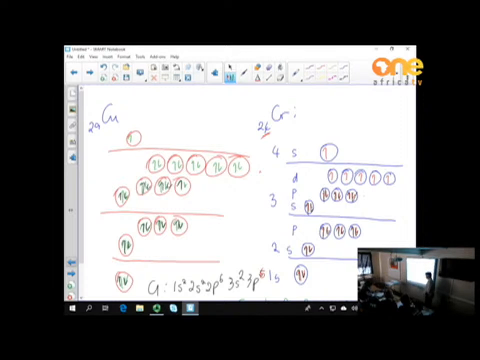Why does argon not want to make chemical bonds? It's got a filled outer shell.